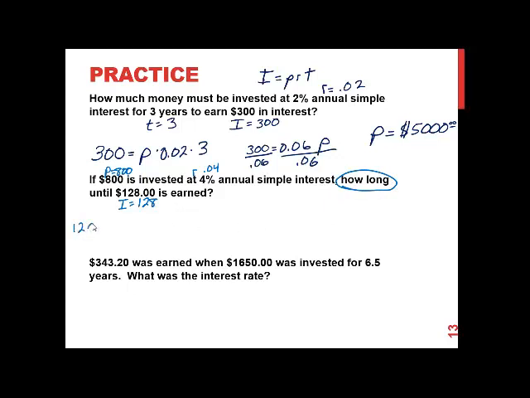We get 128 equals 800 times 0.04 times time. In other words, 128 equals 0.04 times 800 is 32. And then if we divide both sides by 32, we get that T equals 4 years. So it'll take 4 years to get $128 in interest.